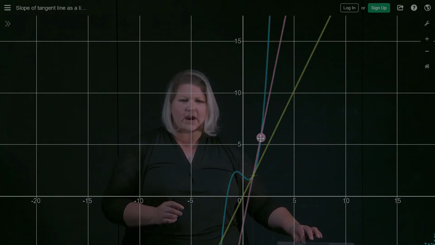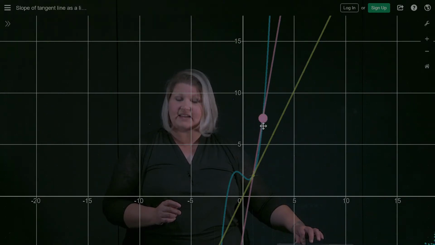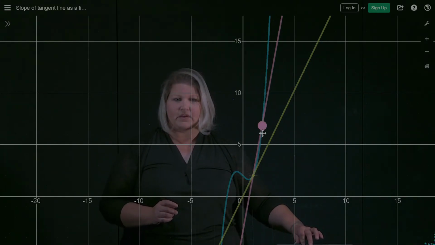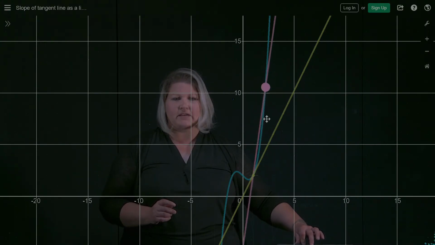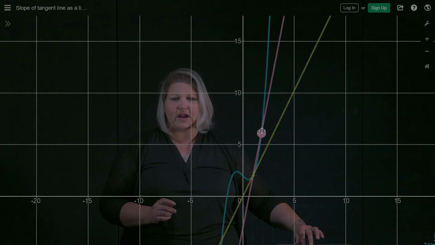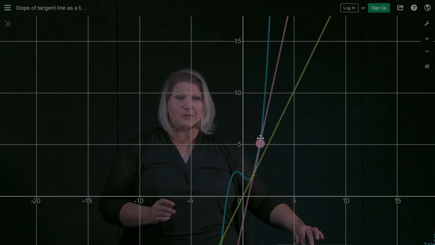Notice, where do I have to move this other point in order to get the secant to behave like the tangent? So just think about this. Where do I need to move this pink point along the graph of x cubed minus x plus 2?